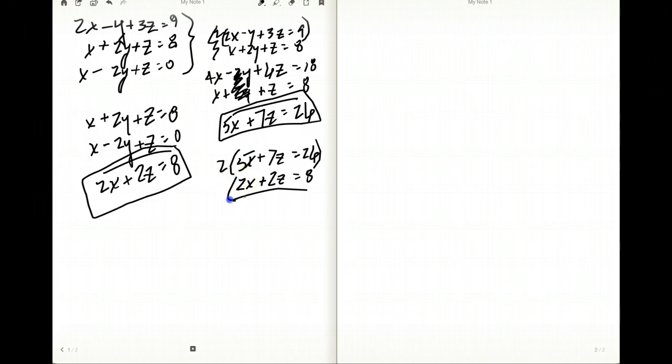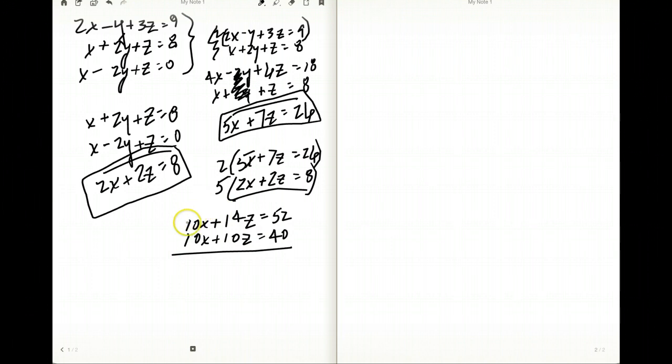In order for this to be a 10, I'm going to have to multiply that times 5. Okay? So that gives me 10x plus 14z equals 52. And then this is going to give me 10x plus 10z equals 40.